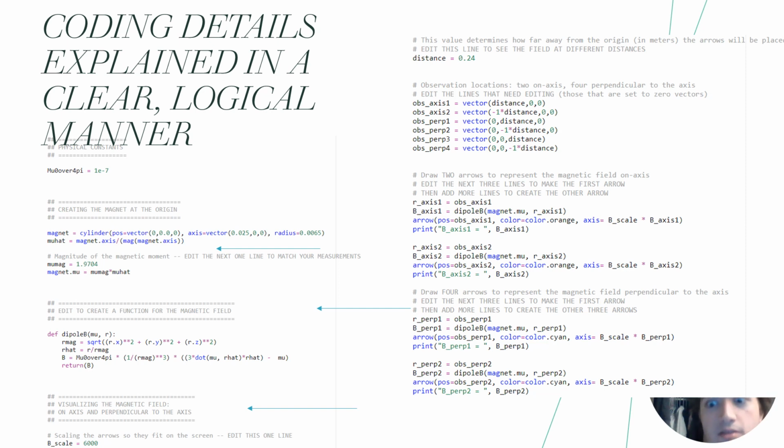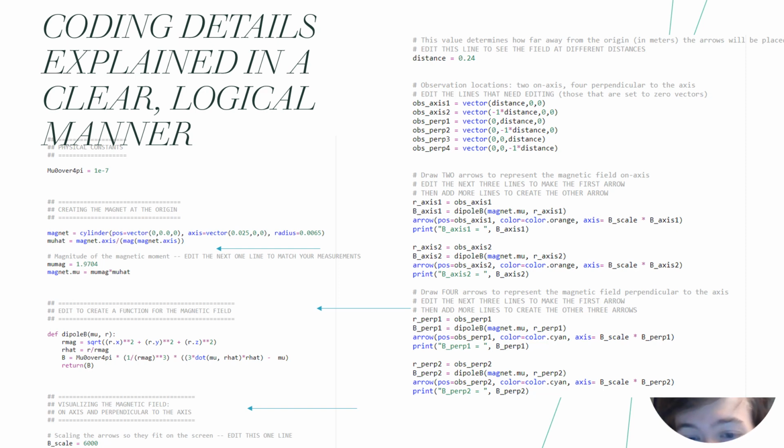So the coding details. We got the physical constants, obviously mu over 4 pi, and then creating the magnet at the origin, and creating a function for the magnetic field. We had to input some values over here for the distance. We got all these axes.